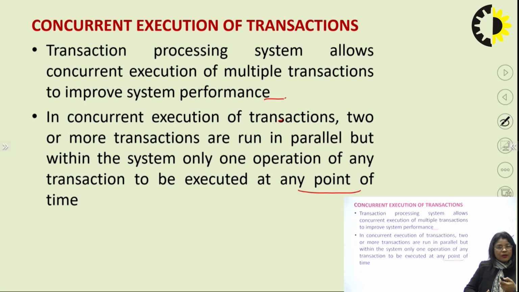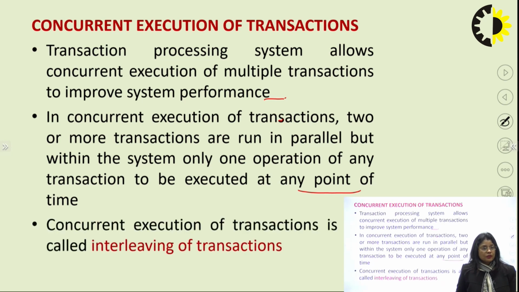It comes so frequently that we cannot see the fluctuations, so we will not be able to see that multiple transactions are executing concurrently. This is why we need to create that isolation during concurrent execution of transactions, right? Concurrent execution of transactions is also known as interleaving of transactions, right?